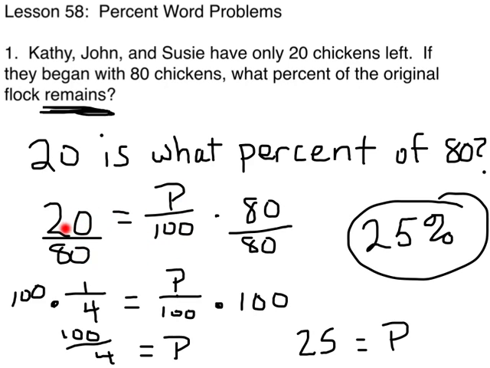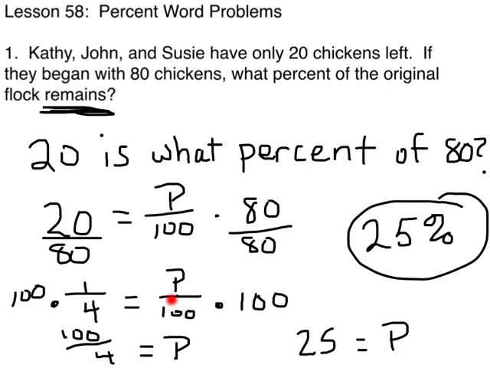So 20 equals what percent of 80? Well, I want to get rid of this 80 first, so I divide by 80 on both sides, and then I get 20 over 80, which is 1/4, equals P over 100.